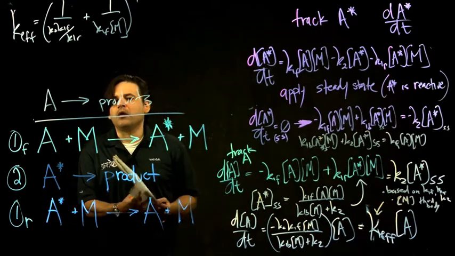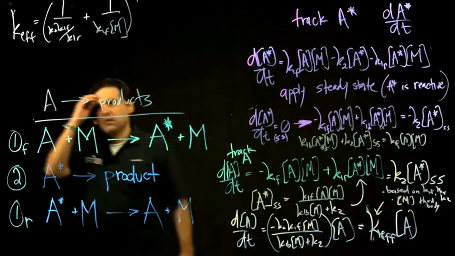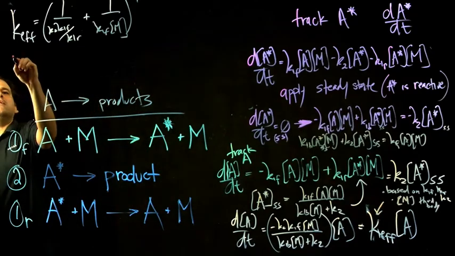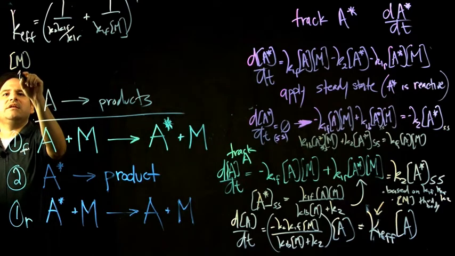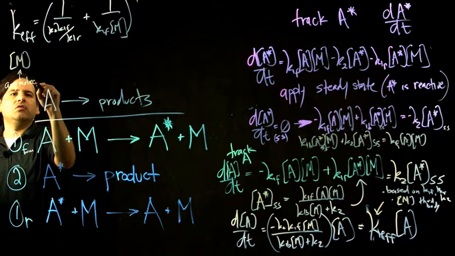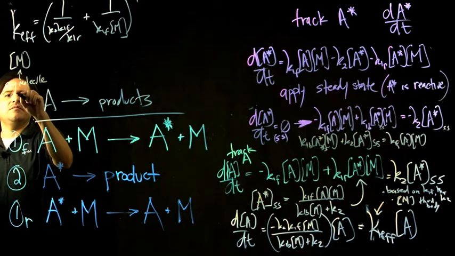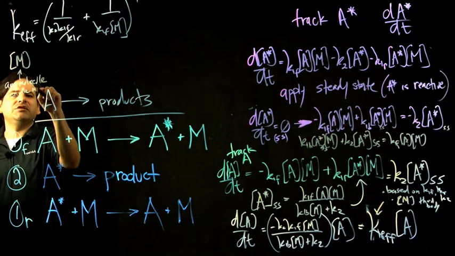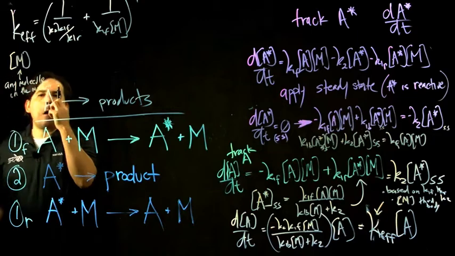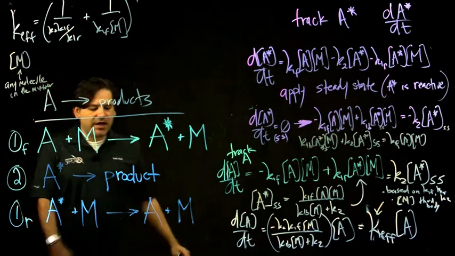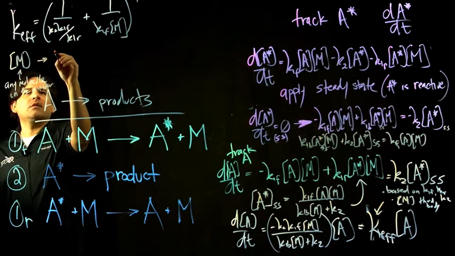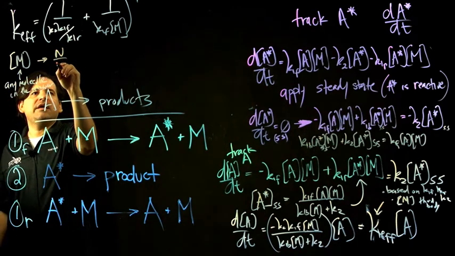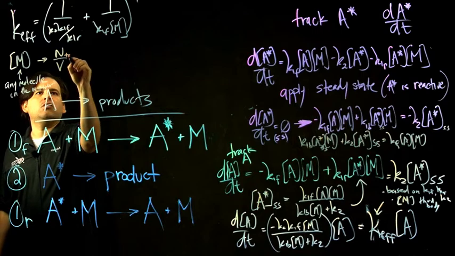So remember, M is the third body. This is any molecule in the mixture, the gas phase mixture. So the concentration of that is N over V total.